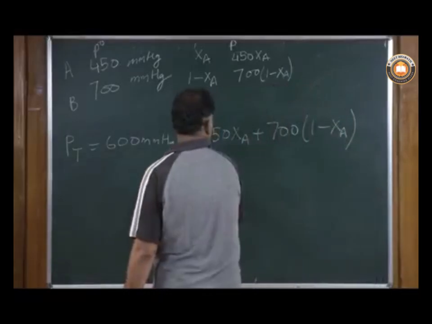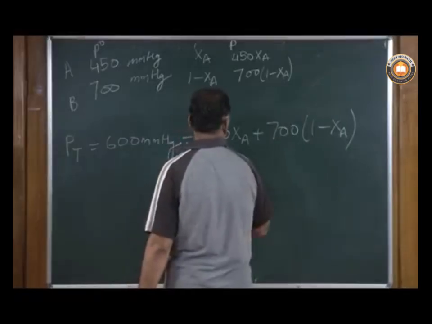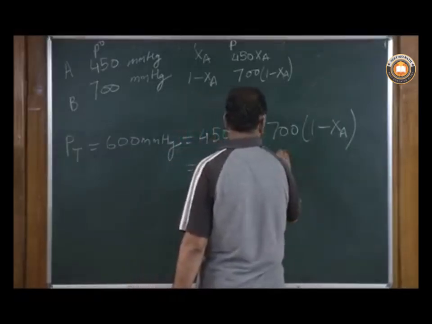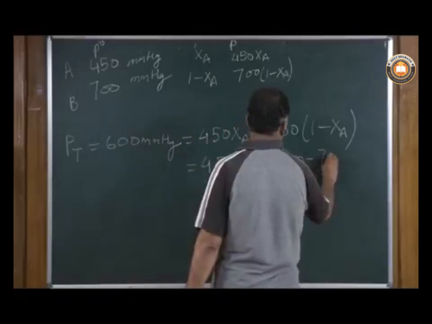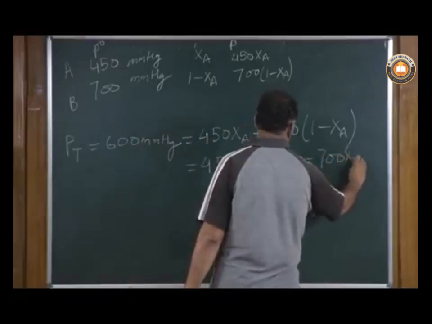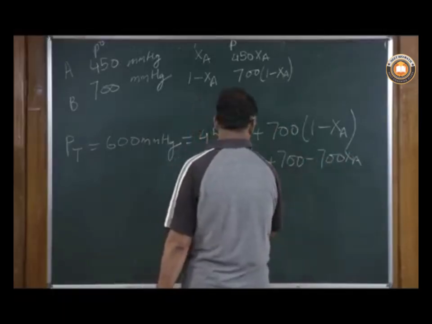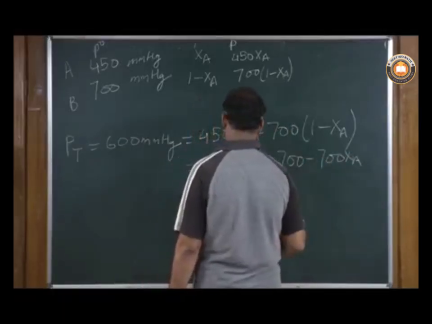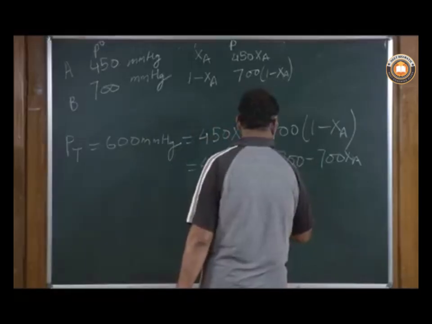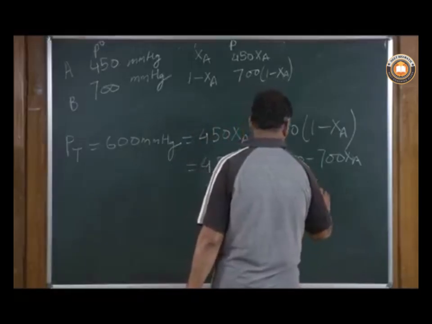What we will get? 450 X_A plus 700 minus 700 X_A. So, that is 700 minus 250 X_A.